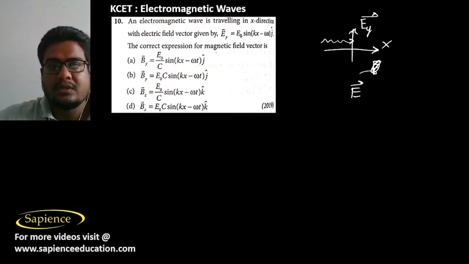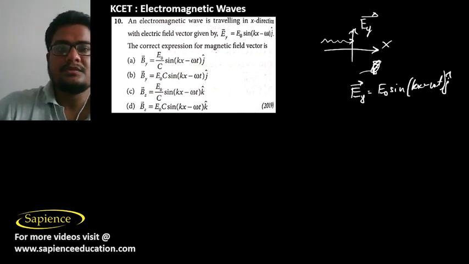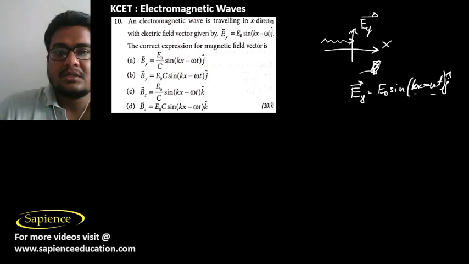So E y is given as E naught sine of kx minus omega t. The correct expression for the magnetic field is asked. So it means the electromagnetic wave is traveling along the positive direction of x axis.